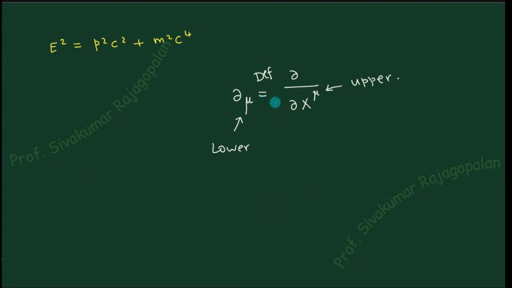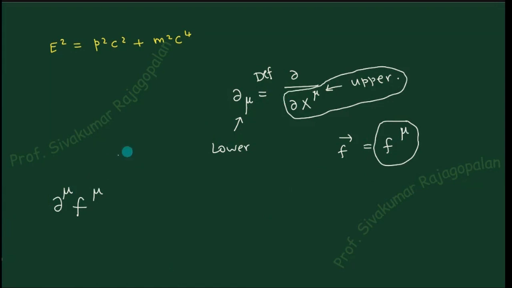Why this definition has come is, as I already told you, that the divergence has to be, this particular operator has to operate on a vector, some vector F. How do you write the F vector? It has to be written like this. So this object has to operate on this object. Suppose you want to put an upper index on del, then the trouble comes. F will have an upper index, but you want to define del also with an upper index, because this one is upper.